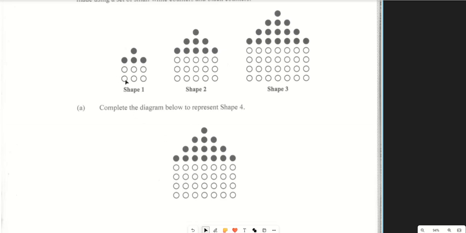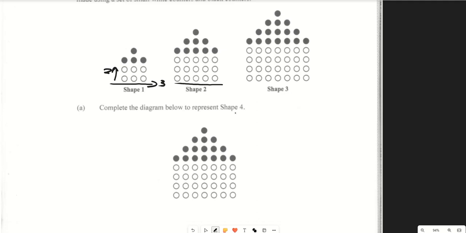So if you look, we know that shape 1 is 1, 2, 3, and we're going 2 up. This is 1, 2, 3, 4, 5. So add in 2, and we're going up 1. We're looking at the white. If we look at the vertical and the horizontal, the horizontal was 3, the vertical was 2.